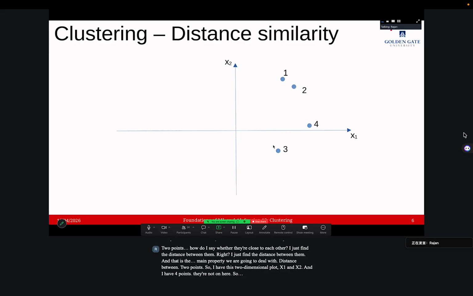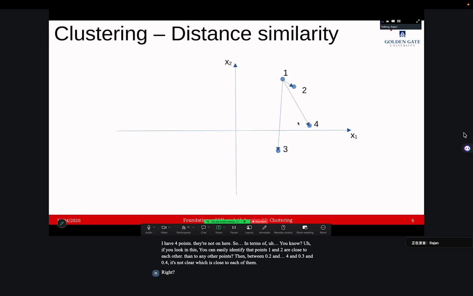If you look at this, you can easily identify that points 1 and 2 are close to each other than to any other points. Then between point 2 and 4 and point 3 and point 4, it's not clear which is closer, right?